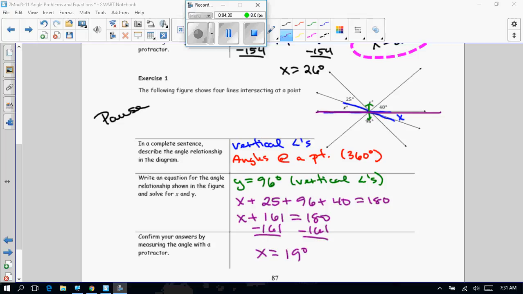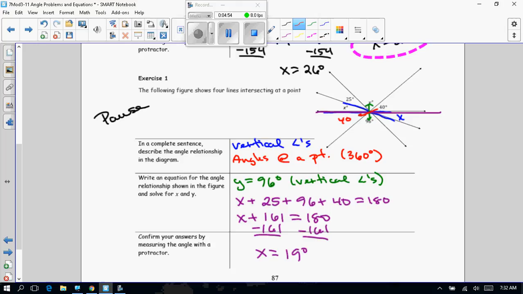So I actually saw that the 96 and the Y were vertical angles, so I could just drop those into each other's spots. You could also say, I noticed that this 40 is a vertical angle to this one that's unknown. And you can use the angles at a point of 360 and just add everything up and subtract from 360.